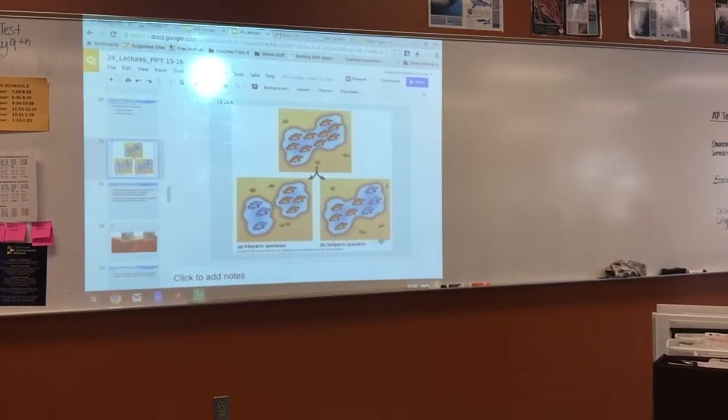That's sympatric speciation, where they can be in the same area. And that was the end of the notes that I left off with: plants, and how plants can have mistakes in meiosis, and since plants can self-pollinate, that can lead to new species. So that's where I want to pick up. Let's see here. This is where we're at.